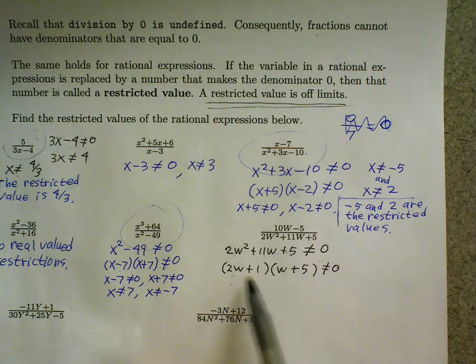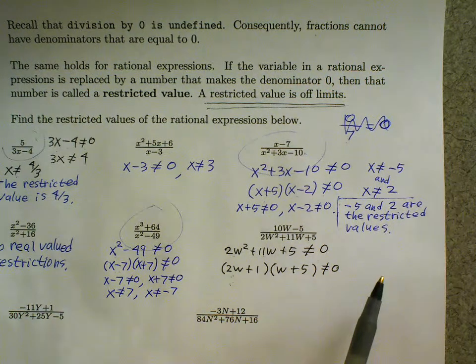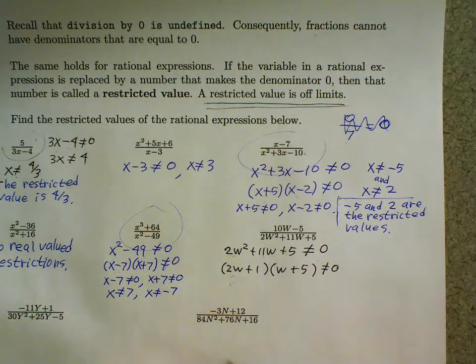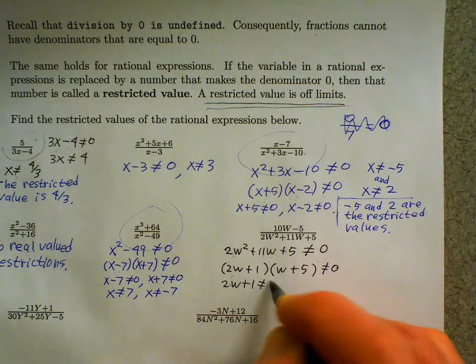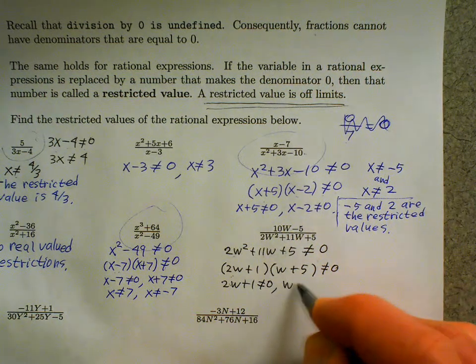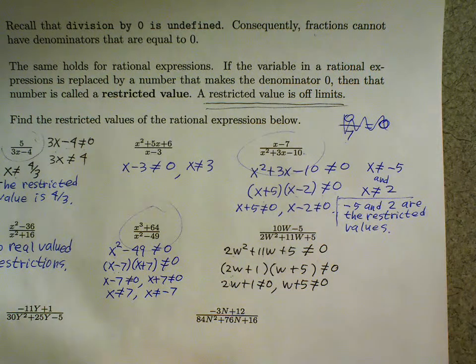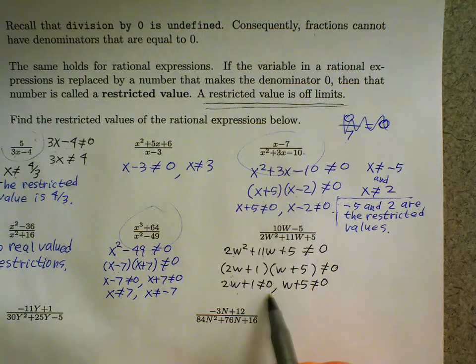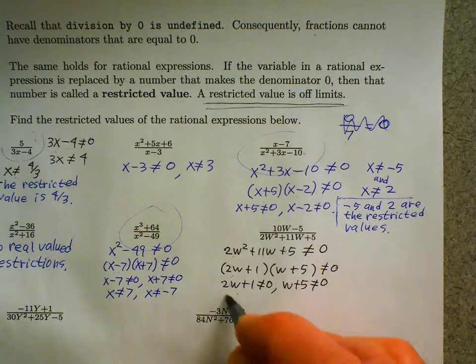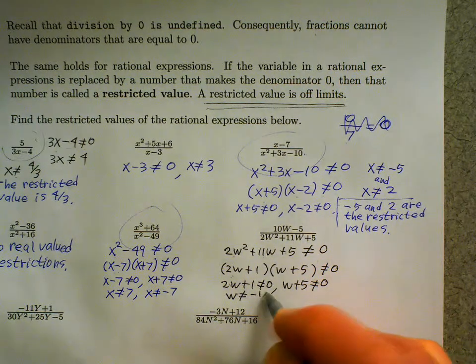If the product of two factors does not equal 0, then neither of the two factors can be 0. So this means 2w plus 1 does not equal 0. And it also means that w plus 5 does not equal 0. So subtract 1 and divide by 2. W cannot be equal to negative 1/2.